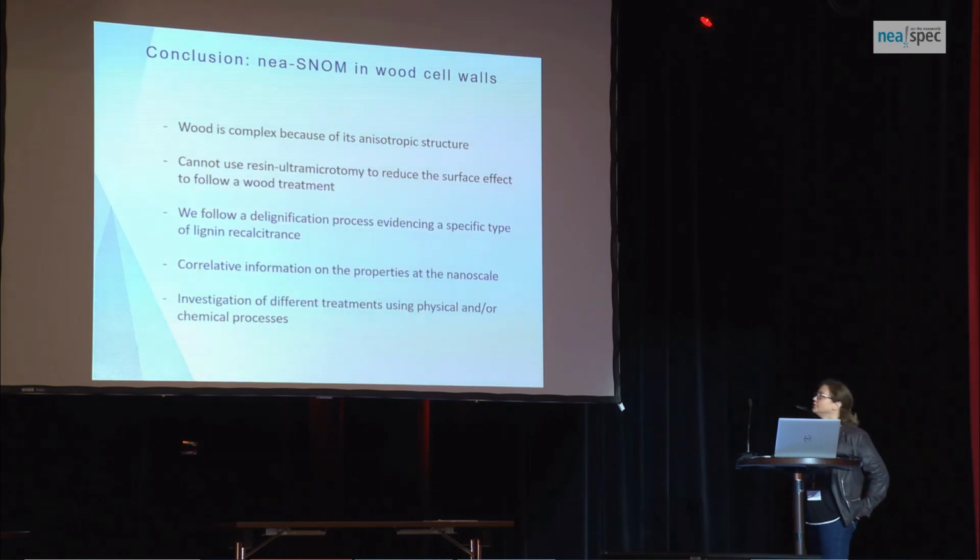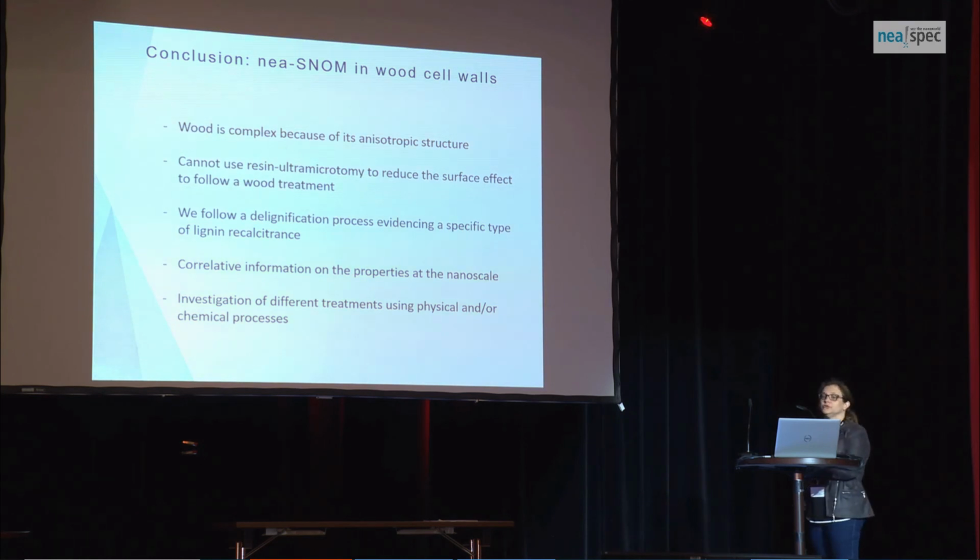So quickly to conclude, I hope I showed you a different capability of the s-SNOM to study plant cell walls and wood cell walls. I must say wood is a complex material that is anisotropic and has a hierarchic structure, which is also quite rough, so it's difficult to investigate these materials with near-field microscopy.